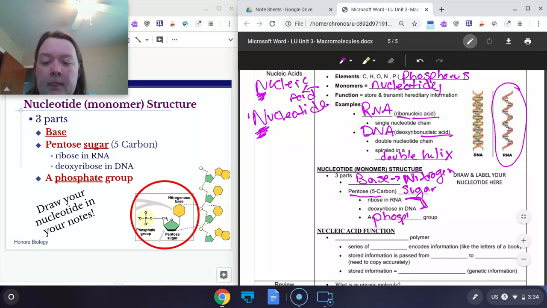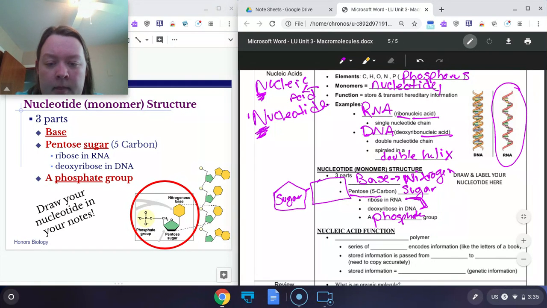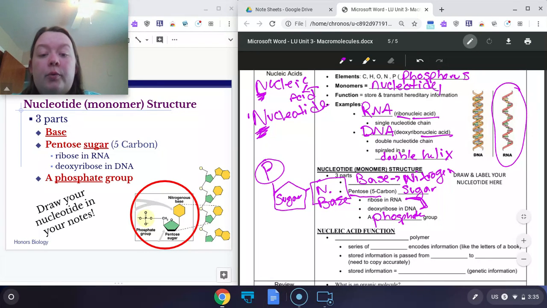And we draw a nucleotide. I'm not sure if you guys will draw yours in this box, but just because I'm going to draw a little larger, I'm going to draw on the other side here. So a nucleotide has a pentose or a 5-carbon sugar, a nitrogen base, and a phosphate group.